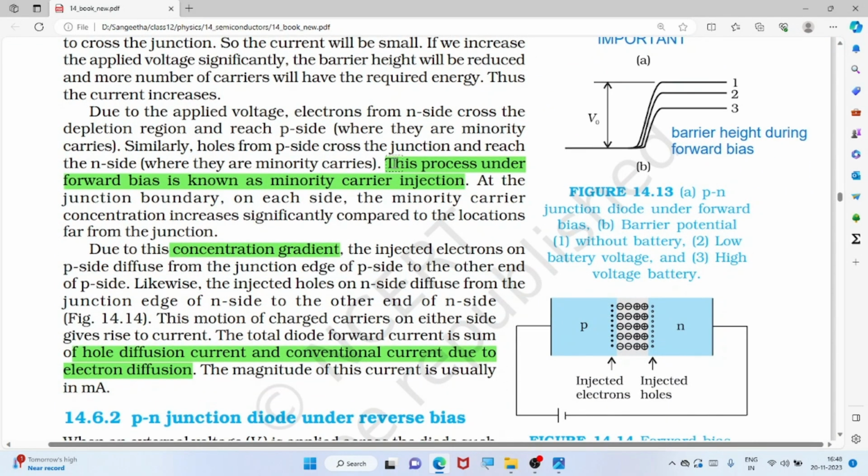This is the case without a battery, with a low voltage battery, and with a high voltage battery. When more voltage is applied, the barrier height is reduced. The barrier height is more when there is no voltage applied.